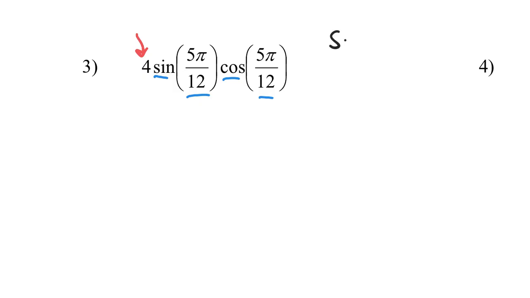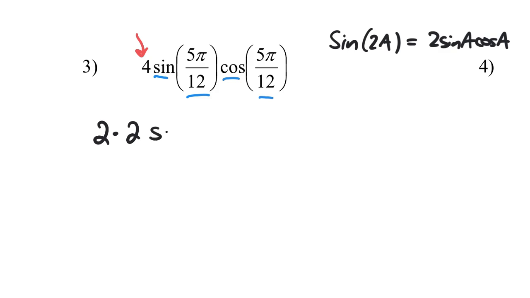I know that the sine of 2A is 2 sine A cosine A. So basically, I'm going to rewrite this as 2 times sine A times cosine A, and we've created the sine double angle. All right, so this 2 is still going to be there, but we can replace 2 sine A cosine A with sine 2A.